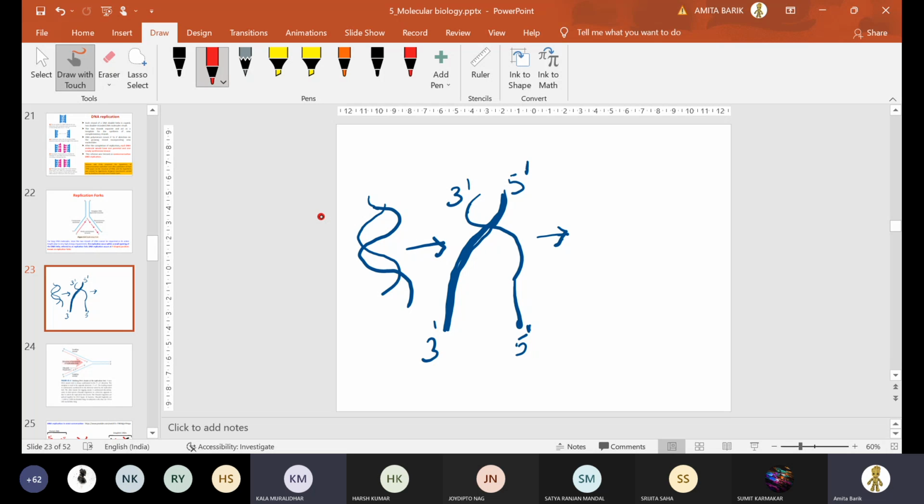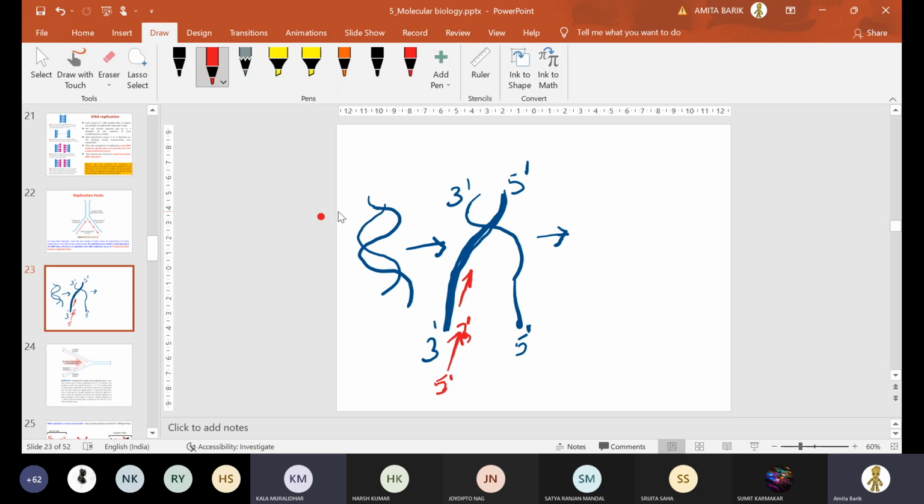The DNA replication proceeds in the 5' to 3' direction, meaning the newly formed strand will form from the 5' to 3' end. So when it is going from the 5' to 3' end, it is taking the 3' to 5' strand as the template, because they are complementary to each other. So this moves this way.